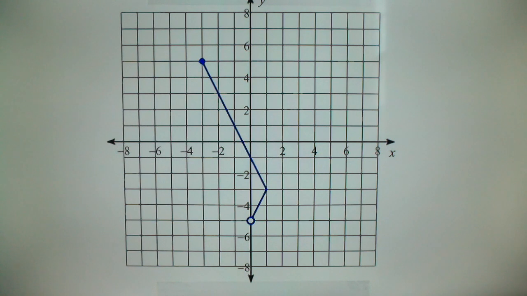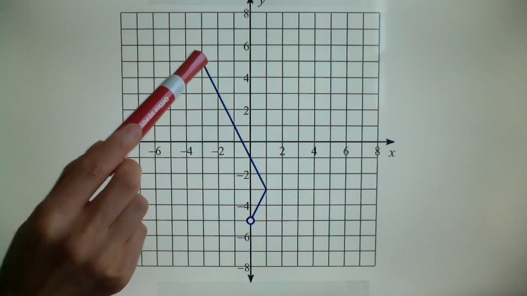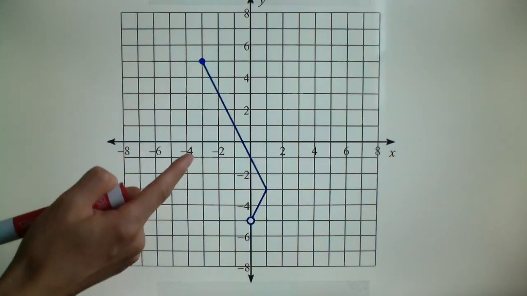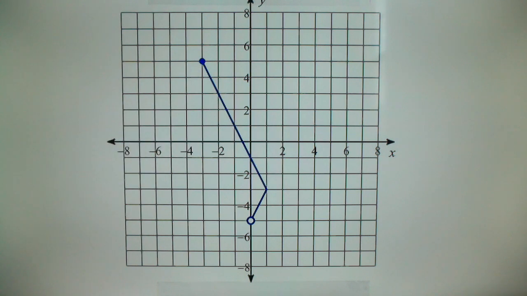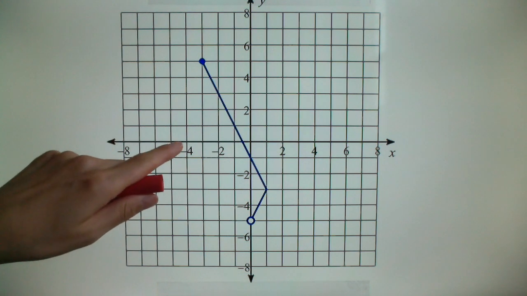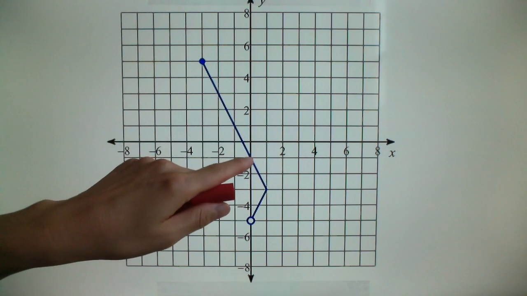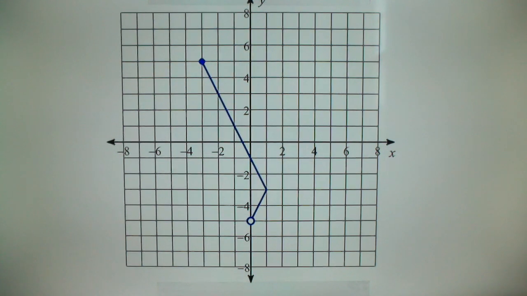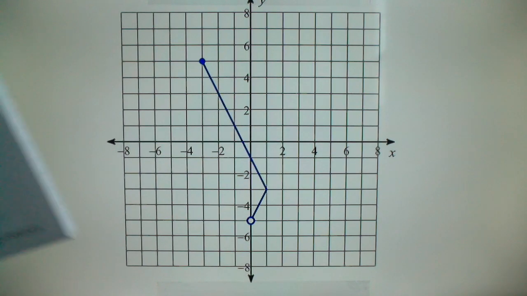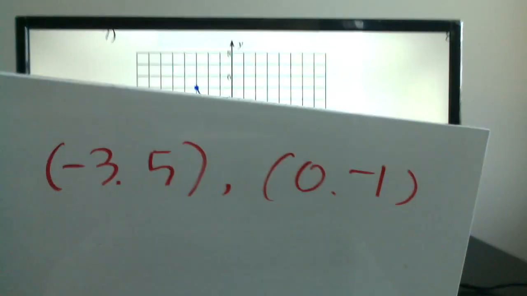Okay, so -3 means 5. That's 1 point. (-3, 5) is 1 point. And what is the other point? I said -3 to 0. So 0 to -1. So we need to find the 2 points, correct? So I found these 2 points.